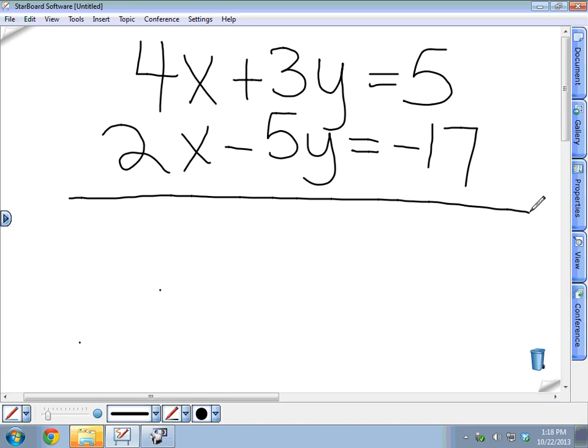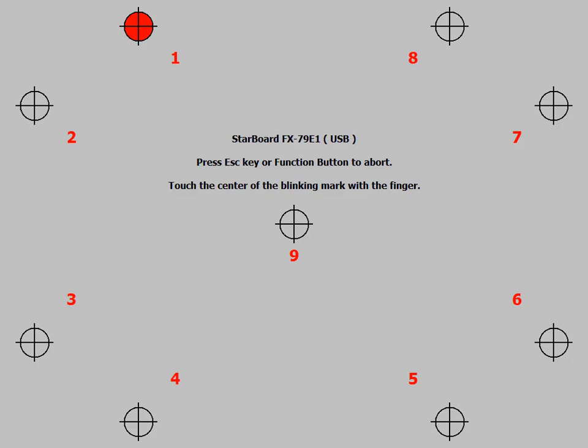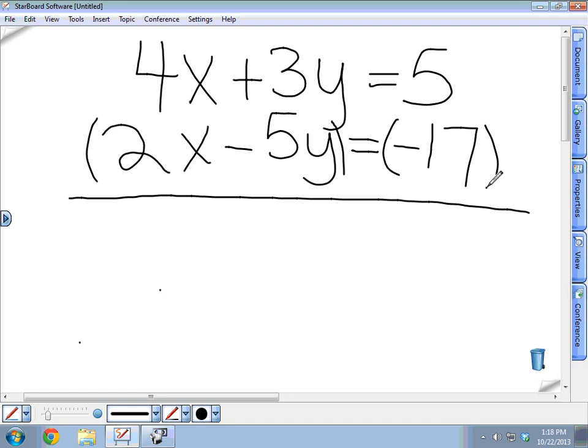Okay. So you know through Algebra 1, in the beginning of this algebra, that if you have two things that are equal to each other, you have an equation, this side is equal to this side, you can use the addition or subtraction property of equality, and you can also use the multiplication and division property of equality, which means you can multiply both sides of the equation by the same thing, and you'll still have an equivalent statement.